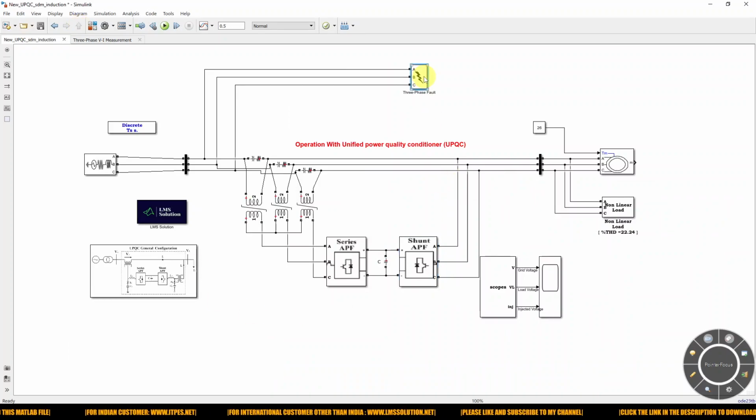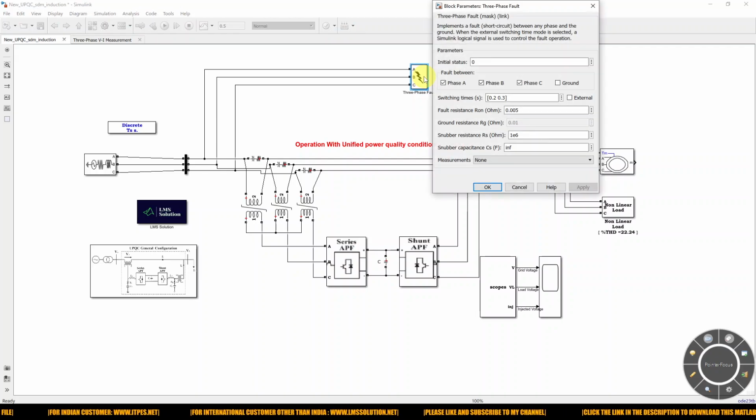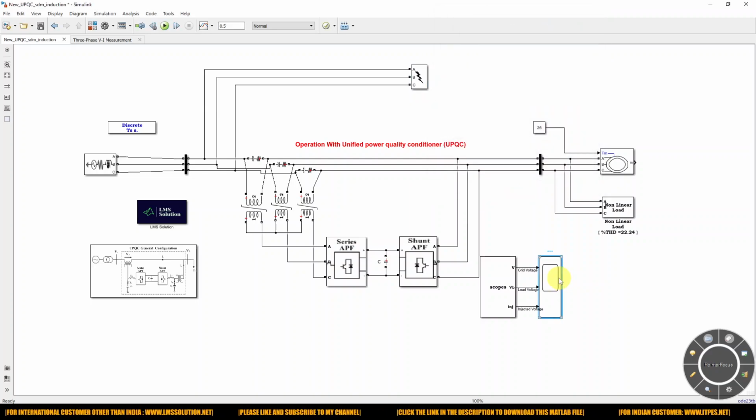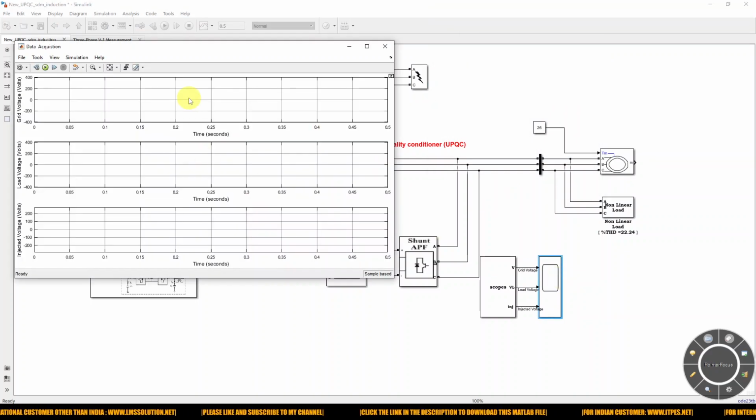So here I am going to create the fault. Now we are going to see the simulation result. Here I am going to create the fault in between 0.2 and 0.3 seconds, and then you have to check the results of grid voltage, load voltage, and injected voltage by means of VPQC.